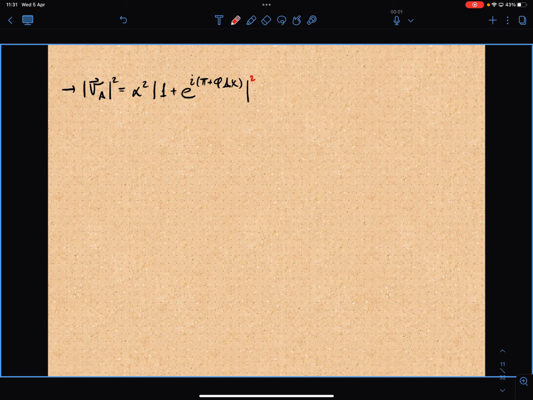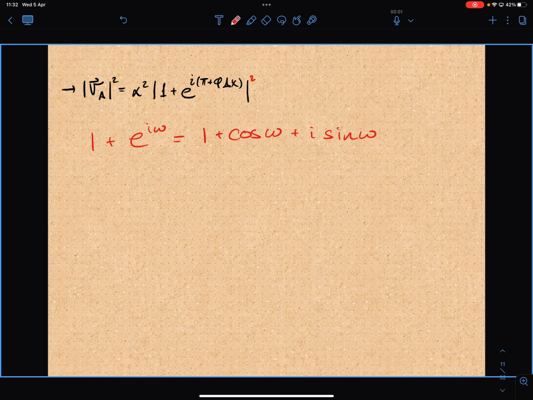All right, so e to the i, I'm going to call it omega. This is 1 plus cosine omega plus i sine omega.